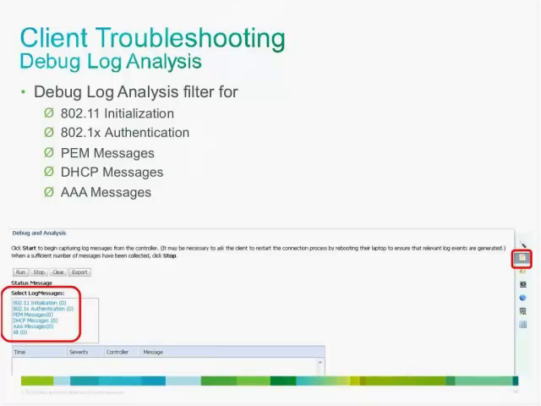All right, so more information about client troubleshooting. I think I talked about it. For example, if you do get stuck on one of the steps, where can you get more debug analysis logs? For example, your DHCP messages, your AAA messages, or your authentication or initiation or whatever. Where are all the messages, and where can you go about downloading them?